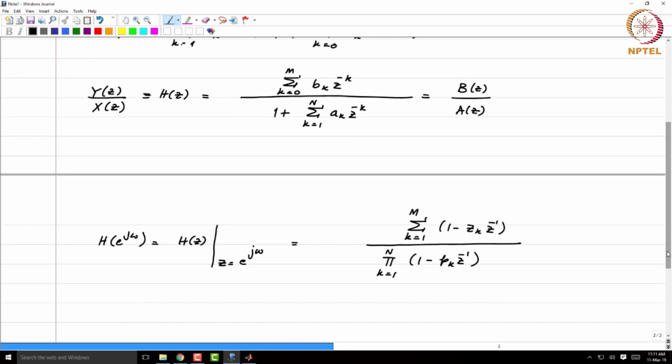This is not quite complete. To complete it, something more is needed. All I have done is I have written the numerator polynomial B of z in terms of the product of its roots. Sorry, this should be the pi product.